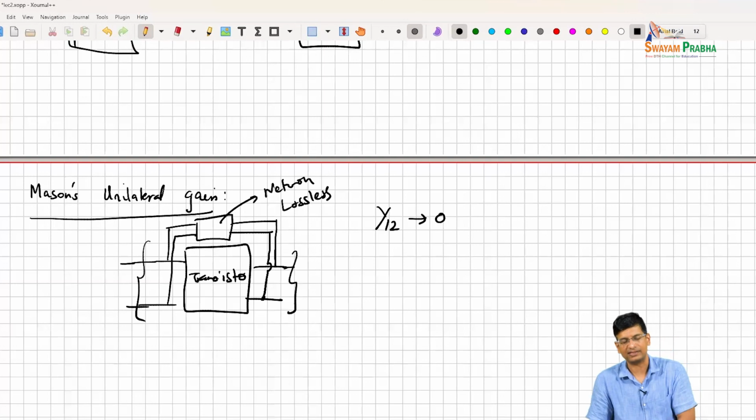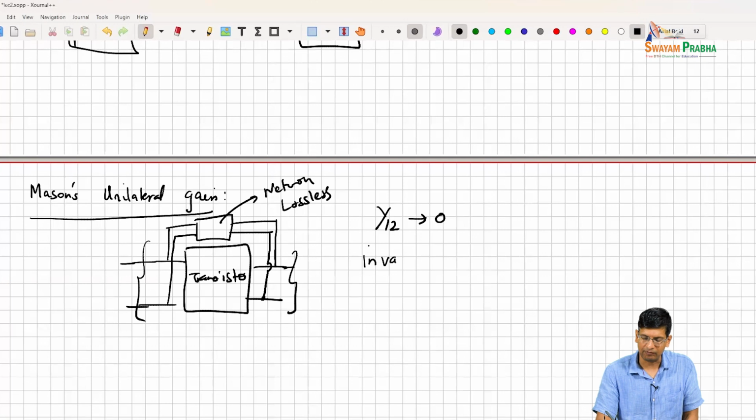And the reason why Mason's unilateral gain is interesting is a couple of things. One, it is invariant. So it doesn't matter how you do this, right?